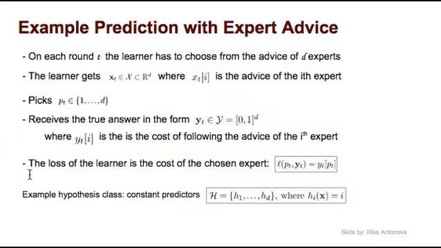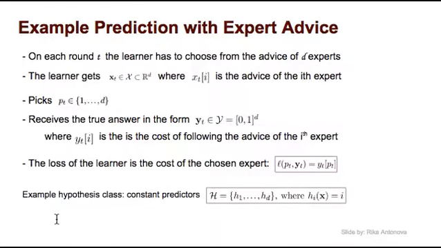which corresponds basically to the costs of following the advice of the experts. Then the loss of our prediction, or the loss of the learner, is essentially the cost of choosing that expert: l(pt, yt) is yt of pt.